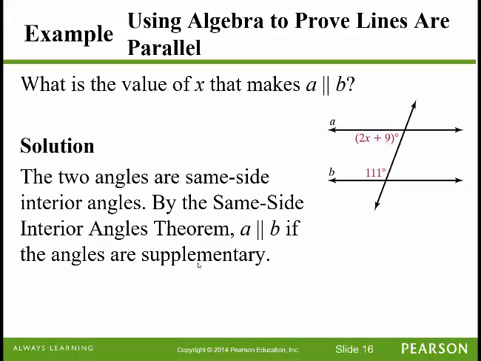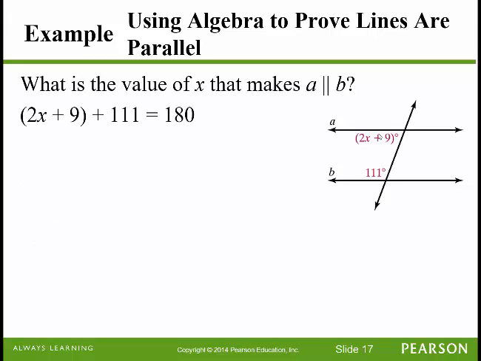Let's just do an algebra problem. Let's use algebra to prove the lines are parallel. What is the value of x that makes line A parallel to line B? If two angles are same side interior angles, by the same side interior angles theorem, line A will be parallel to line B if the angles are supplementary.